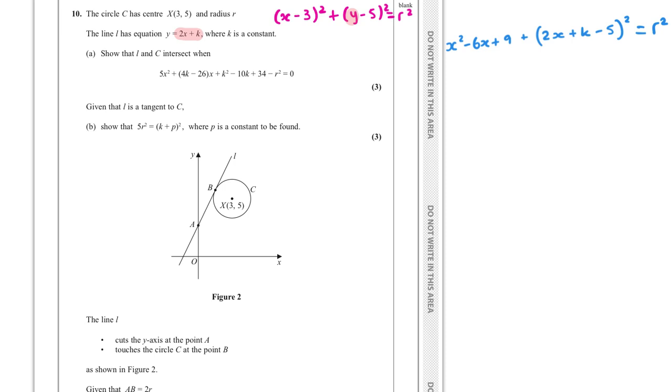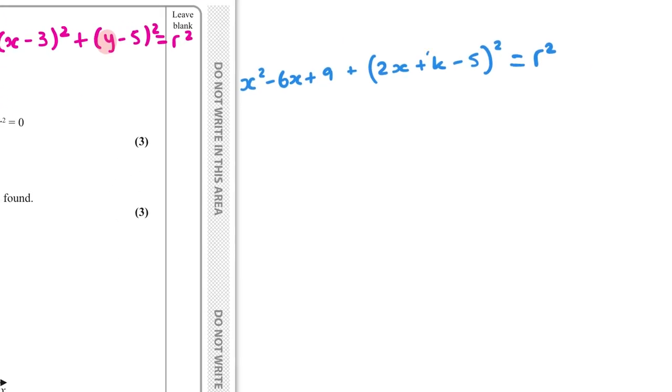Okay? Now, remember this k minus 5 is a number. Okay? So technically, we're going to have x squared minus 6x plus 9. When we expand this, we can just expand it as normal. They're just trying to trick you a little bit.